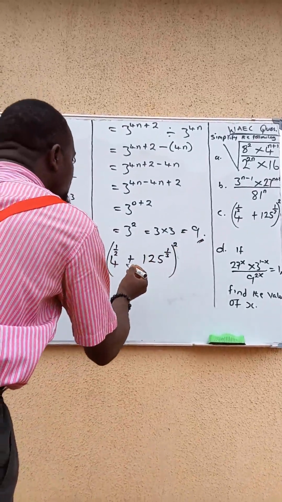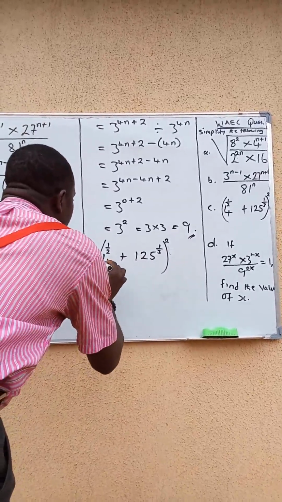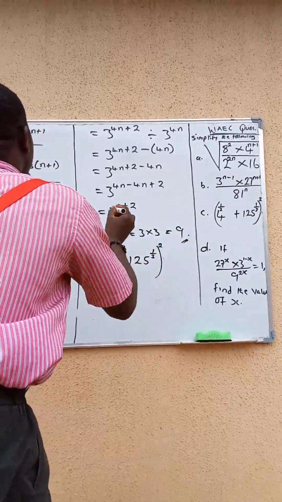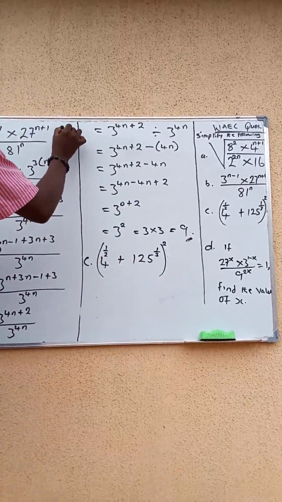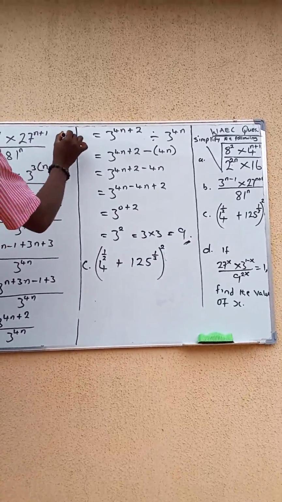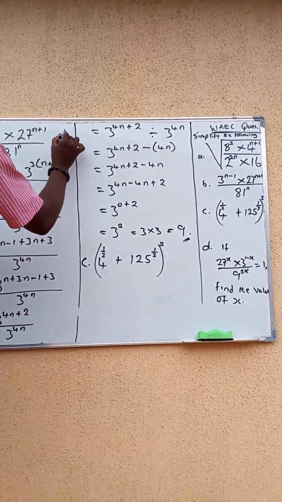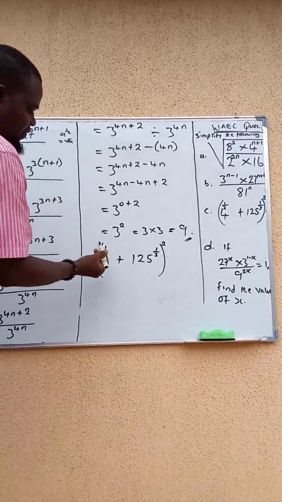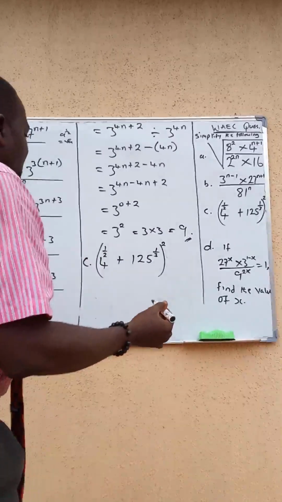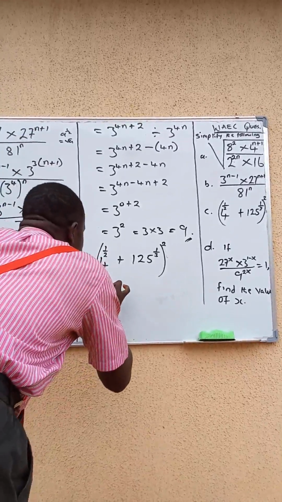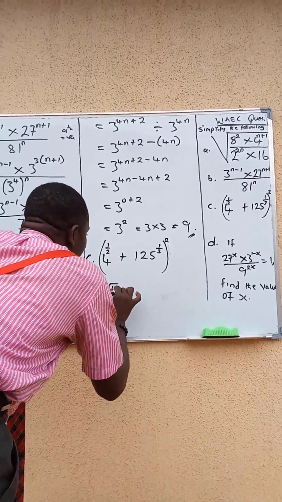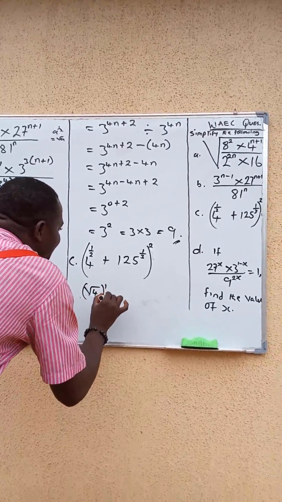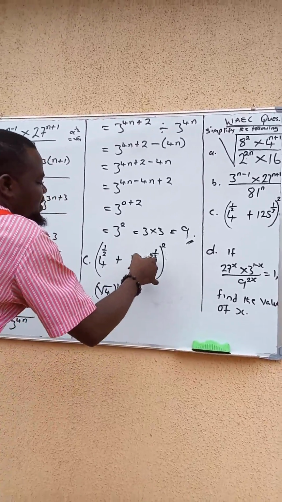Now, what we do here is very simple. When we say that a raised to the power of 1 over 2, it is the same thing as square root of a, right? Now this one, 4 raised to the power of 1 over 2, is the same thing as the square root of 4, plus this one with 3 down.